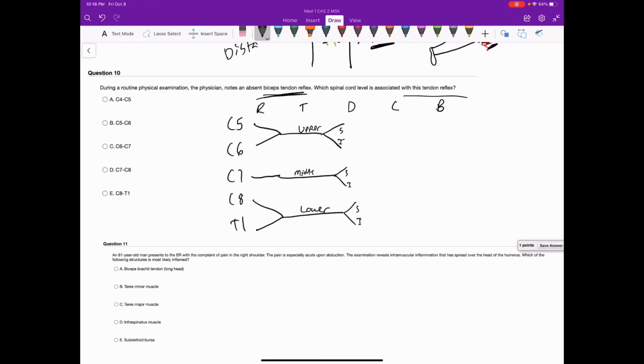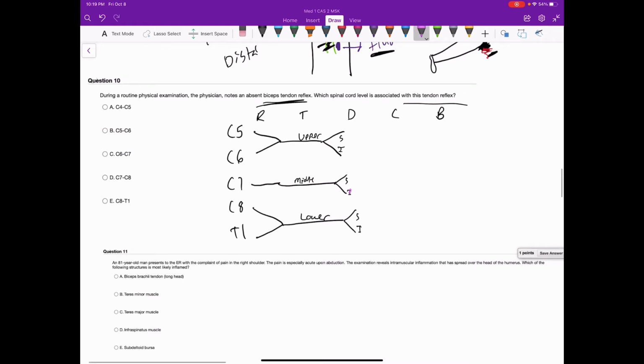Okay. So now, all of the inferior ones, right? Or the posterior ones, I'm sorry. All the posterior divisions are going to meet, and they're going to form one cord, right? The superior ones of C5, C6 and C7, they're going to converge, and they're going to make their own cord.